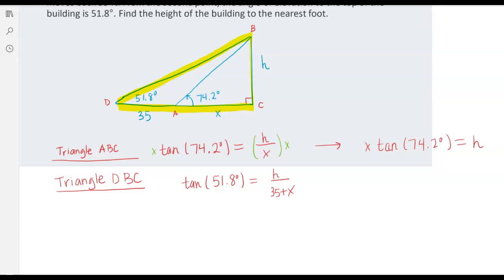I can do the same thing that I did in the first one, solve this for h by multiplying both sides by 35 plus x, which cancels over here. And so I have 35 plus x multiplied by the tangent of 51.8 degrees equaling h.